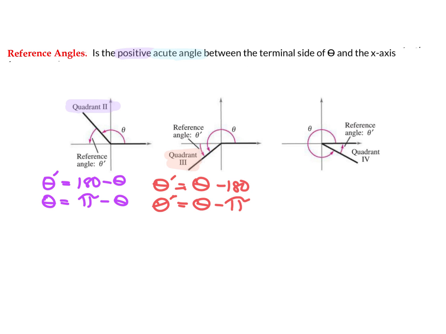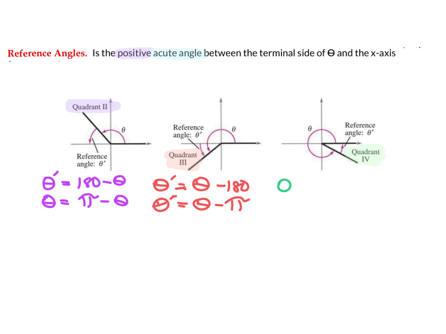In quadrant 3, I start with the angle, subtract 180 or subtract pi, and that makes sense because that's something greater than 180 or greater than pi. So now when we move on to quadrant 4, we got to do the whole 360. So that's the thing to remember here.